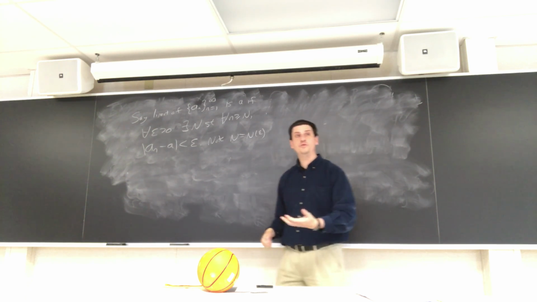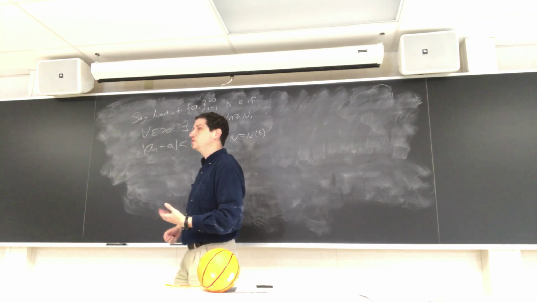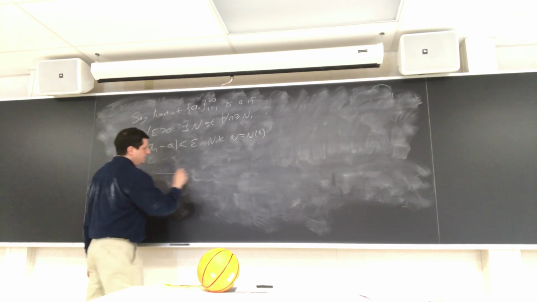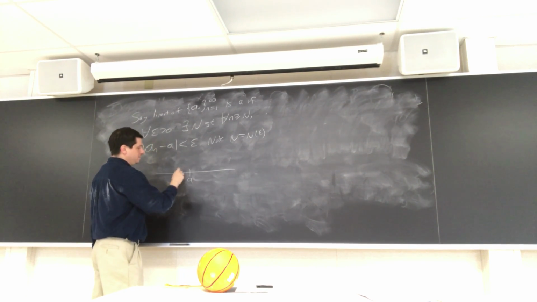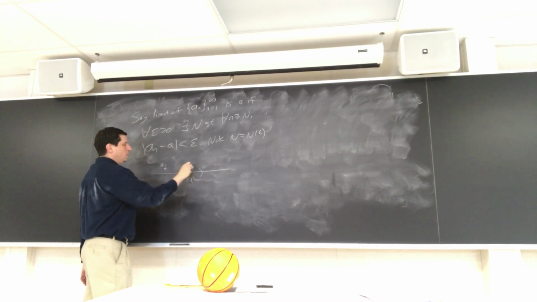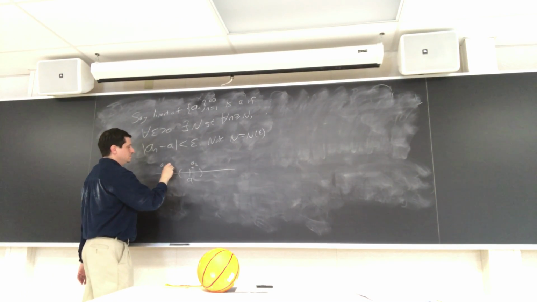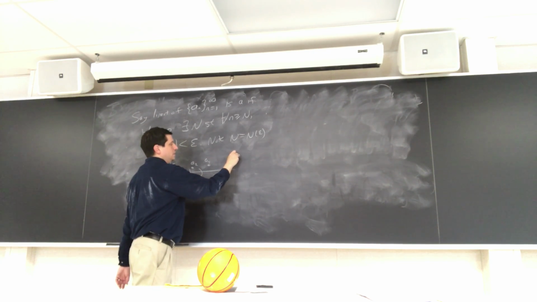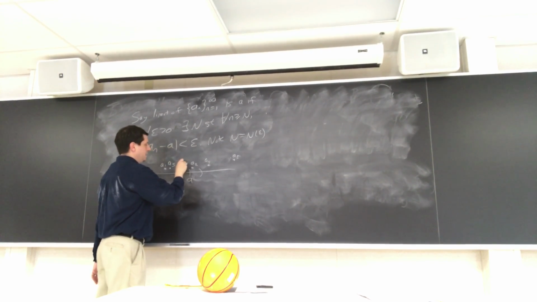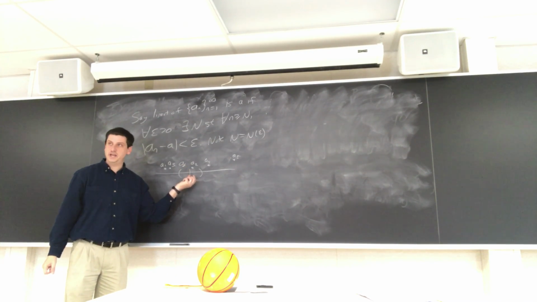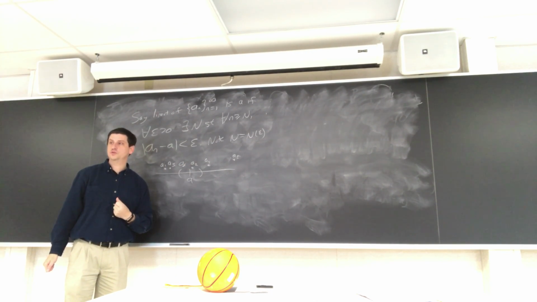If I want to be within 1 over 100, that's not as hard as being within 1 over 10,000 or 1 over googolplex. And just graphically, if this is a and this is epsilon, maybe this is a1, a2, a3, a4, a5, a6. From some point onward, if the sequence converges to a, we must always be close to a.